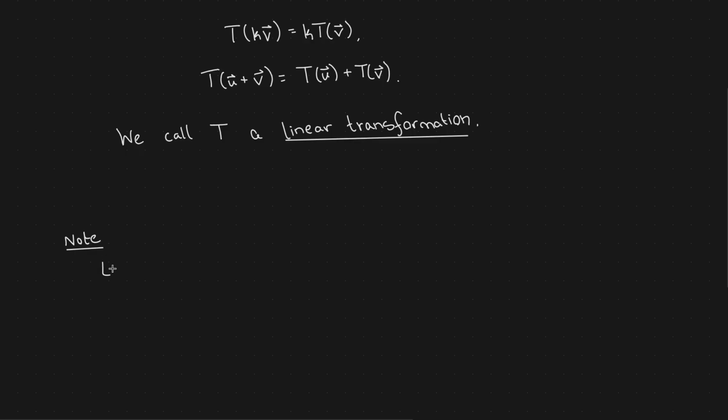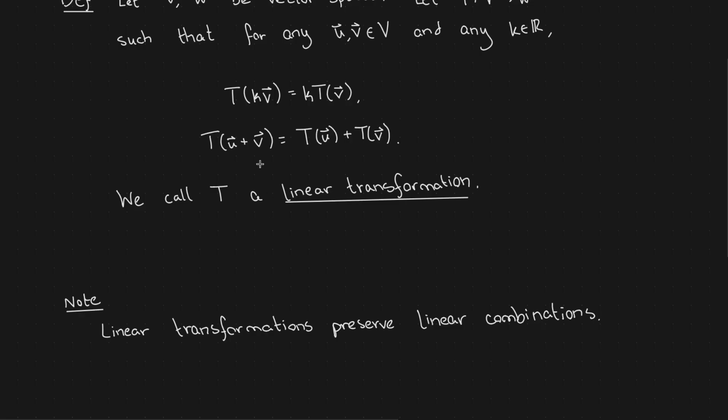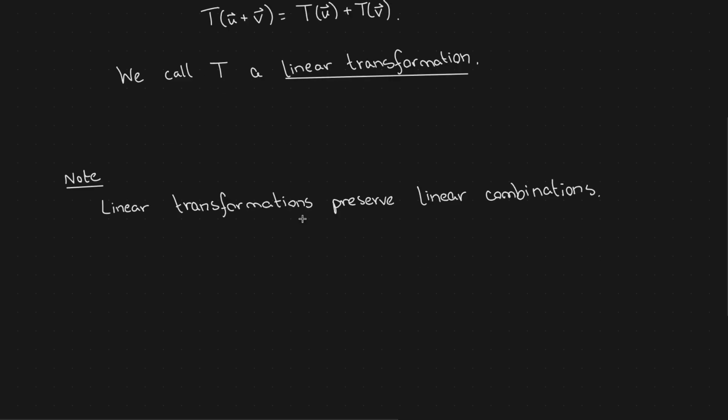Note, linear transformations preserve linear combinations. And that is an incredible aspect of linear transformations. It's why we like these two properties, because with these two properties, we are able to preserve linear combinations.